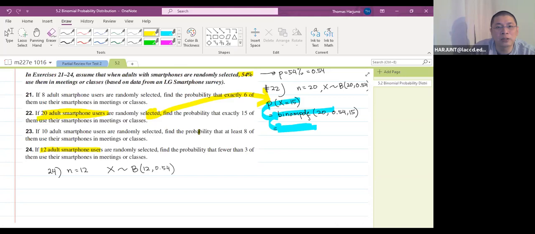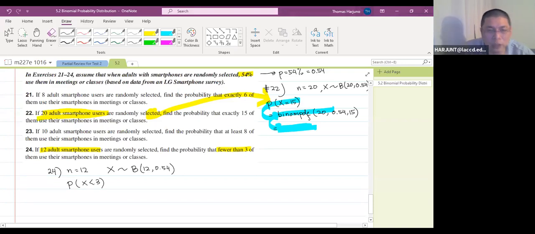The question is, find the probability that fewer than 3 use smartphones in meetings or classes. So probability that X is fewer than 3, not including 3. Fewer than 3 means less than 3, so we adjust this to up to 2. Once you know the probability notation, you should be okay with the rest of the steps.